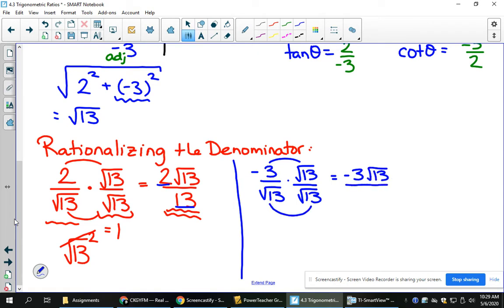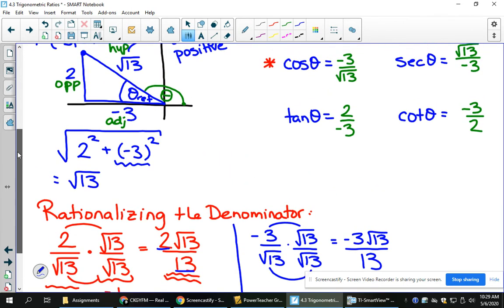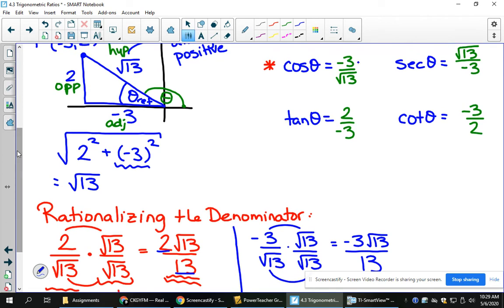Bottom times bottom, the square root signs cancel, and you end up with 13. 3 and 13 cannot simplify any further, so you go ahead and write this as your final answer. Now every single one of our trigonometric ratios has a rationalized denominator, and we're done.